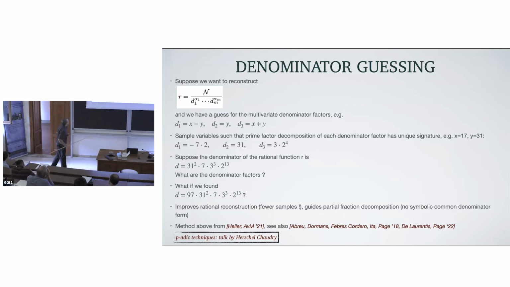And I think we will hear more about more advanced techniques to guess the final decomposition and possible terms using p-adic techniques in the talk by Herschel, which is directly after this talk.